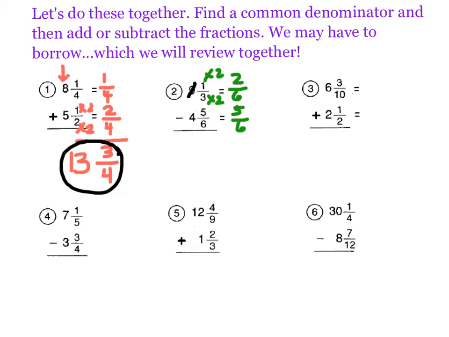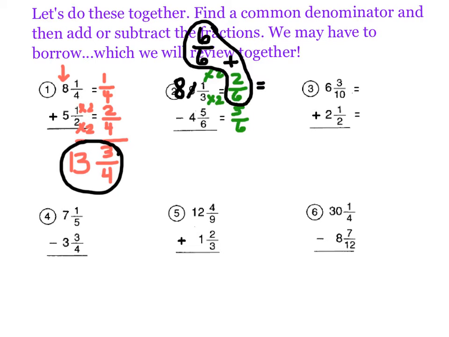So the 9, we're going to borrow from the 9 and make it an 8. What happens when you do that is you're taking one whole number away and you're going to add it to this fraction 2/6. So 1 whole is equal to 6/6. So we're going to add 6/6 plus 2/6, and that's going to give us a fraction that is big enough to subtract.